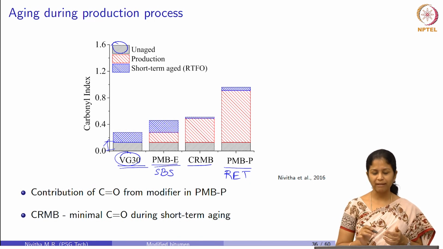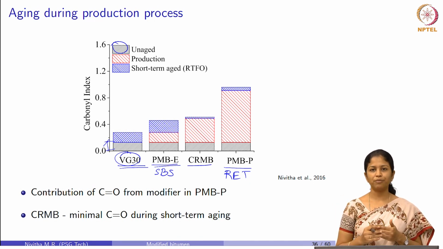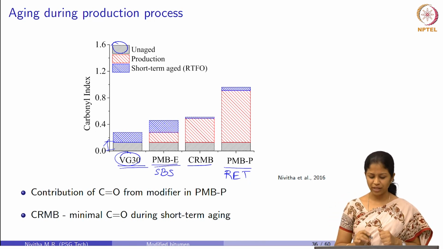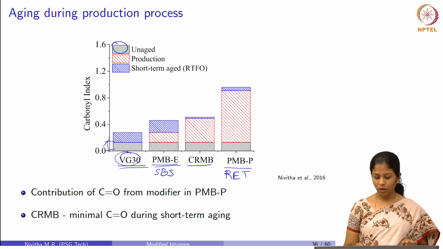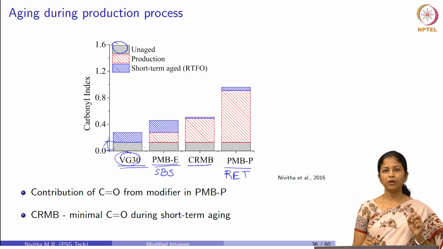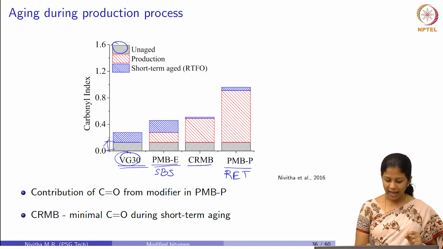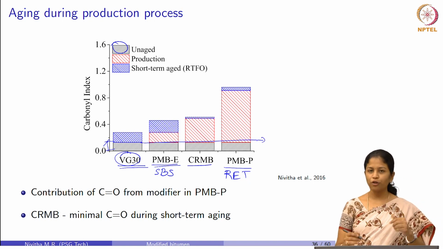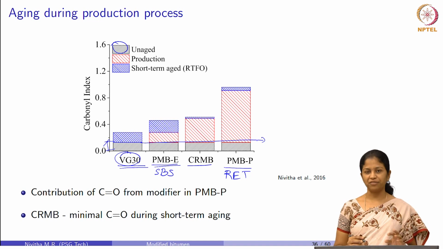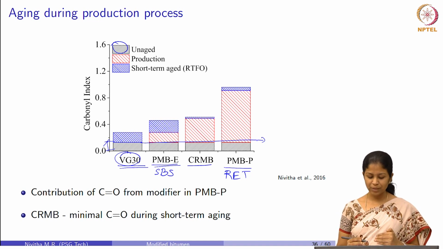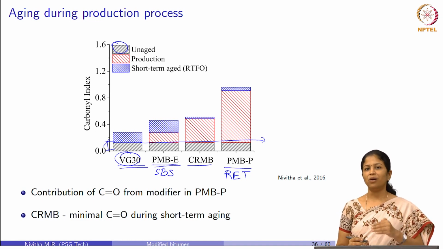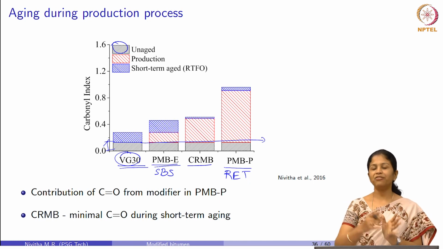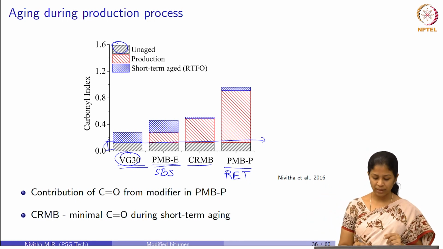So, this blue color represents the increase in stiffness of material or increase in formation of carbonyl compounds during short term aging. Now, if we compare across all the modified bitumen, since we use the same base bitumen, the black color here is going to be the same, the baseline is going to be the same for all the 3 types of modified bitumen. So, from this base bitumen, we have evaluated what is the carbonyl index after the production of modified bitumen.